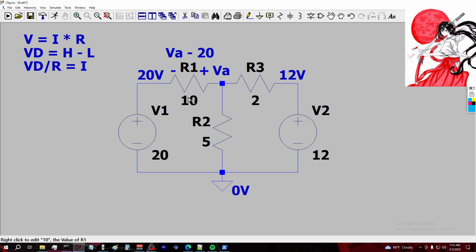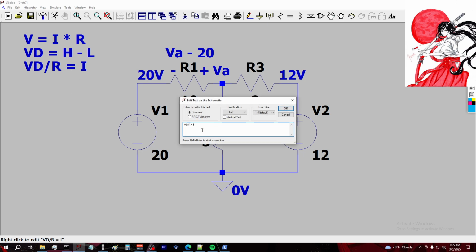VD divided by the resistance is going to equal the current that's in this node. So I'll label the current IN, just so you guys get used to mathematical terms, and I'll call it RN too, or I'll call it W. Let's call it W for the wire.